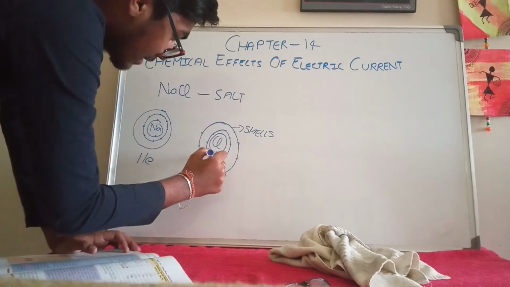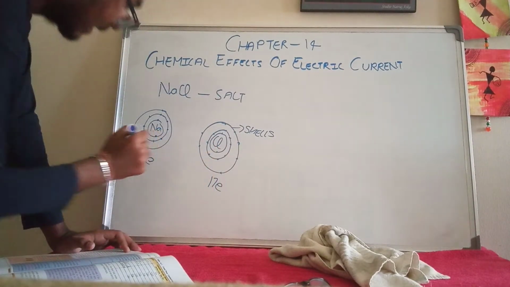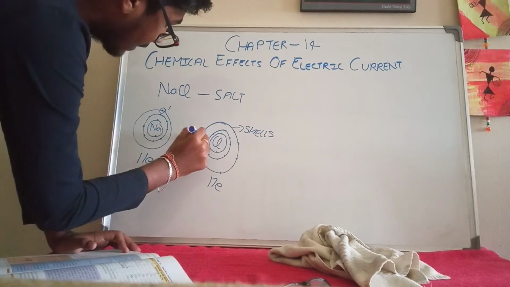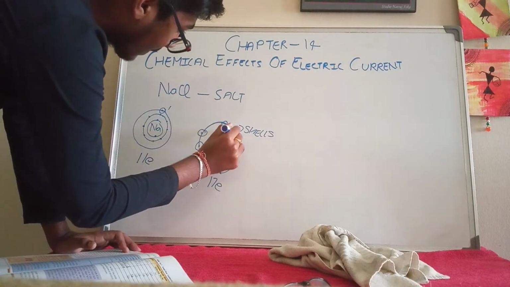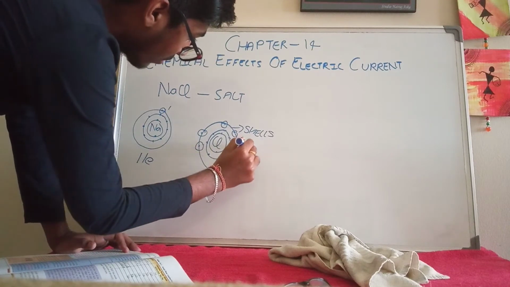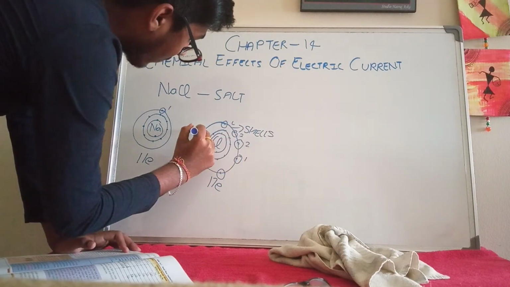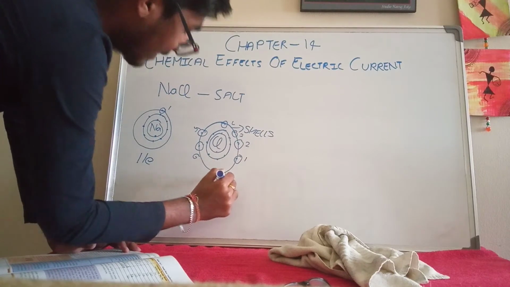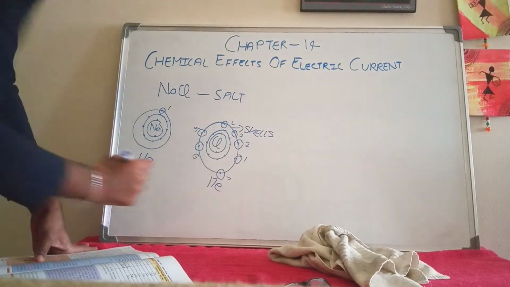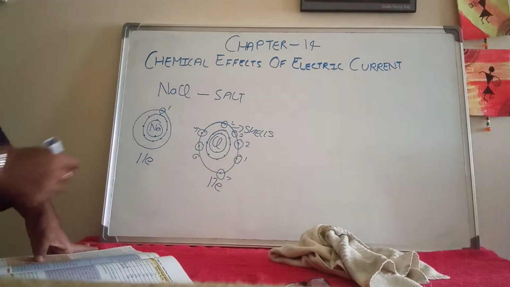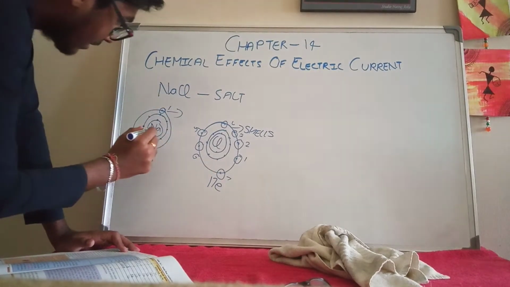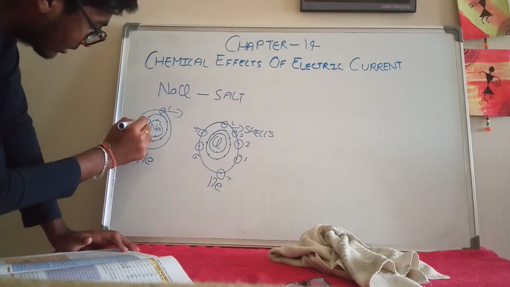As you can see, this has 8 electrons and this has 8 electrons, but in the last shell sodium has only 1, and chlorine has 7. So chlorine needs 1 extra electron to become 8, and sodium needs this 1 electron to go away so that the shell has 8 electrons.